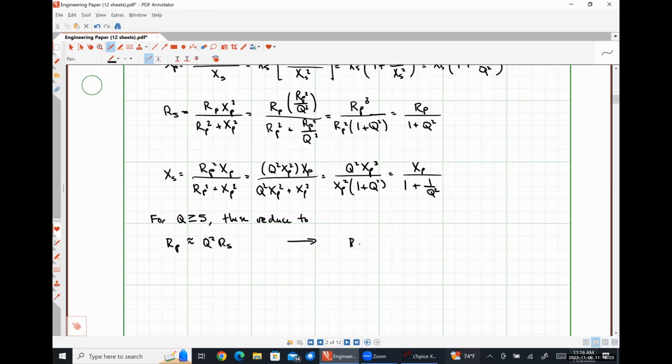Alternatively, we could say that Rs is approximately equal to Rp over Q squared. And then Xp will be approximately equal to Xs, which lets us directly substitute Cs will be approximately equal to Cp, and Ls will be approximately equal to Lp.